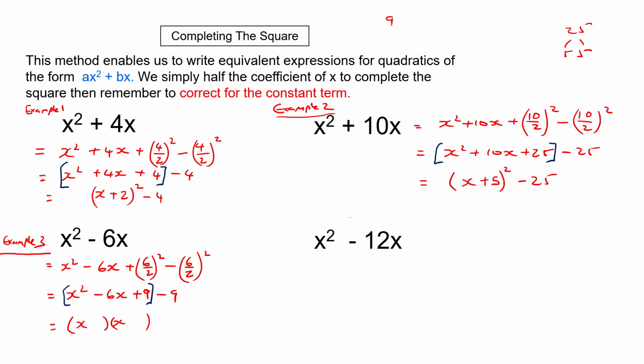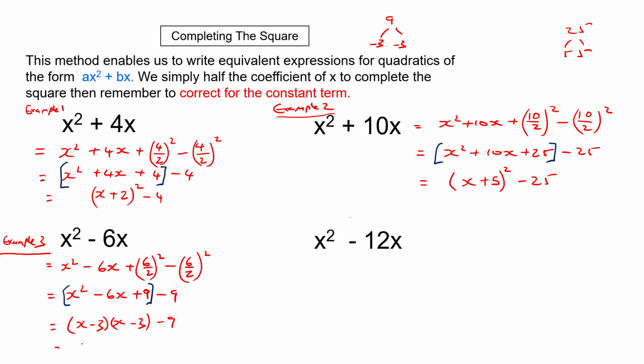So I've got that 9, square root of 9 is 3, 3 times 3 gives me 9. However, it's a minus 6x, so both of these have got to be minus. So minus 3 times minus 3 gives me my 9, but minus 3 gives me my 6x, so perfect. Minus 3 and minus 3, don't forget the minus 9 on the end there.